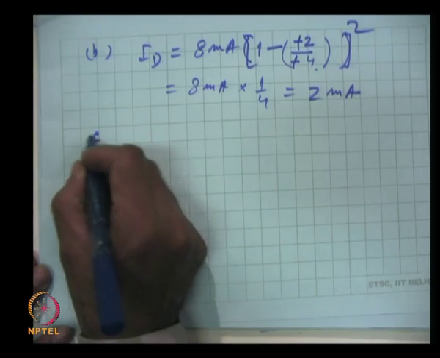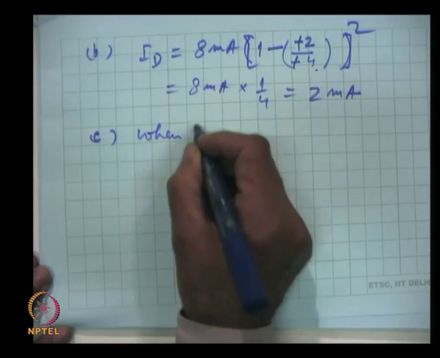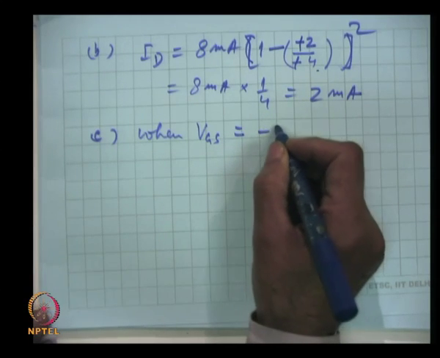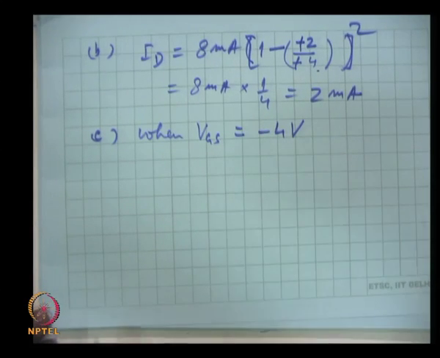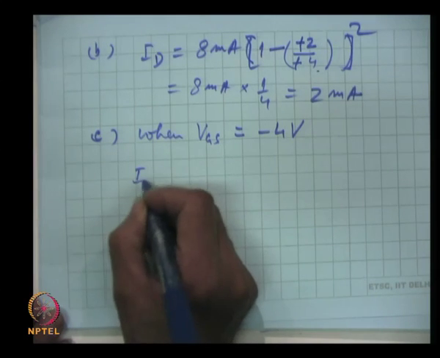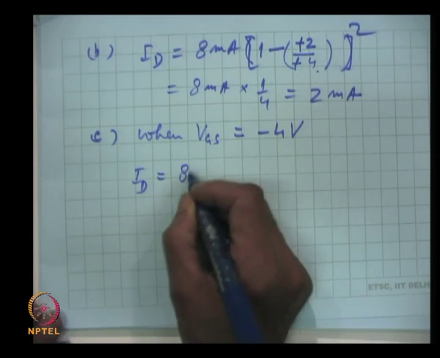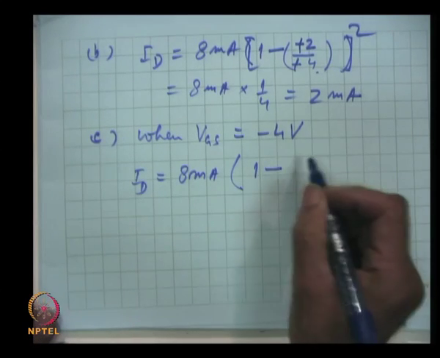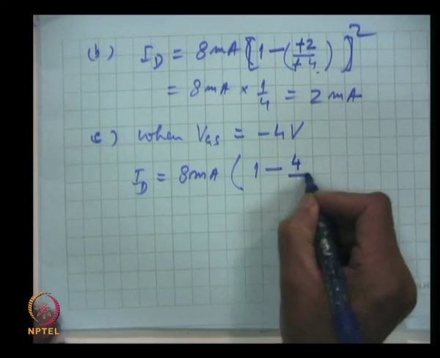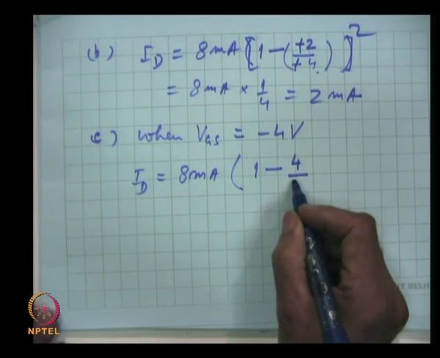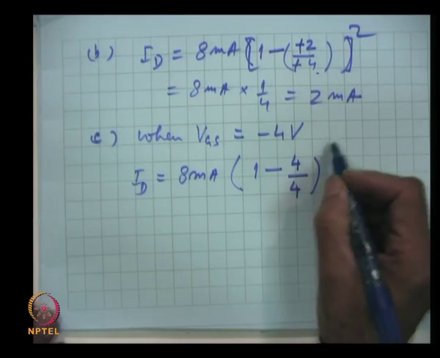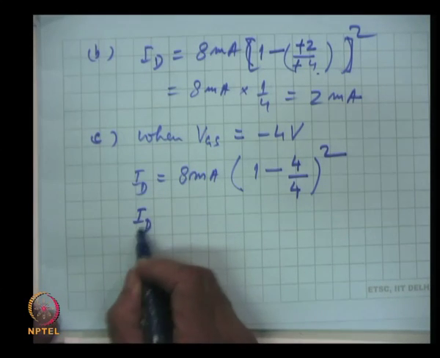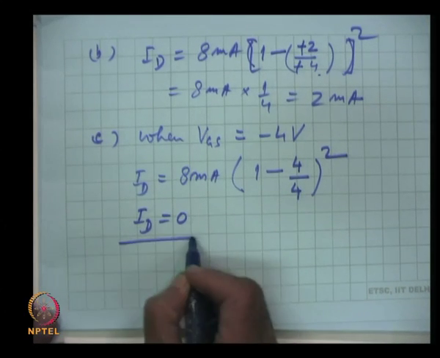And then C, when VGS is equal to minus 4 volts, then ID will be 8 milliamperes into 1 minus, I am just substituting the magnitude 4 and VP is also 4, this is square, and that makes ID equal to 0.